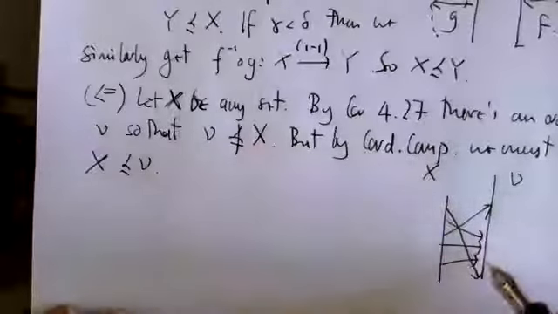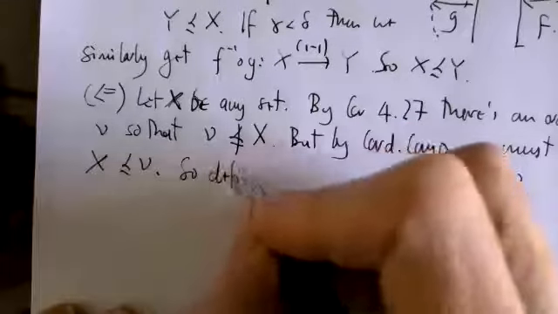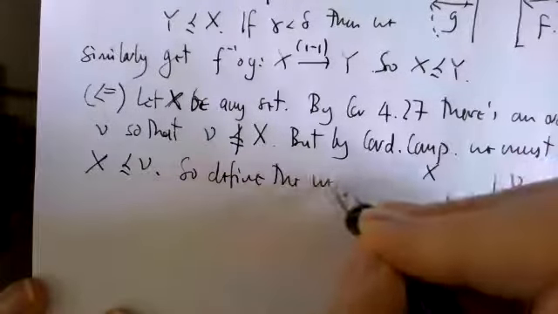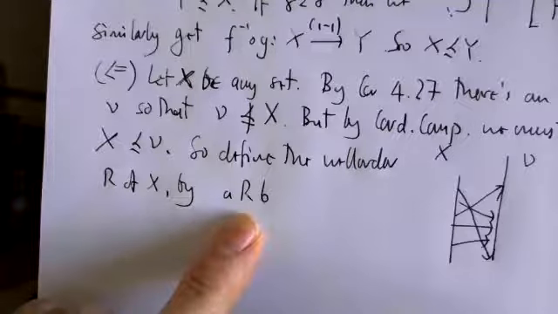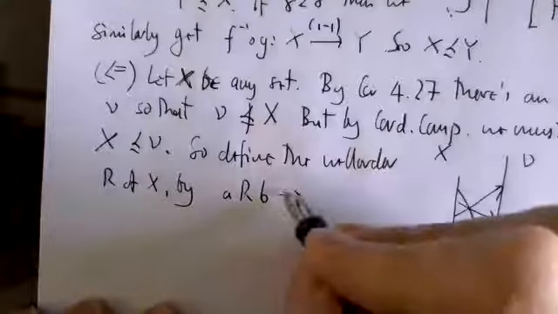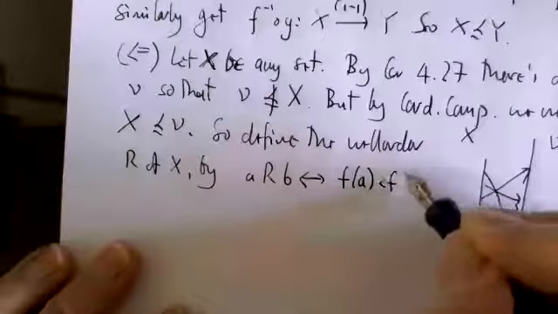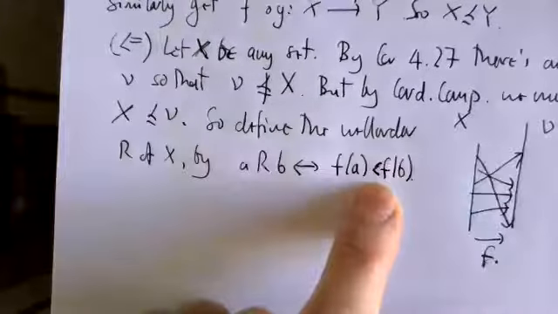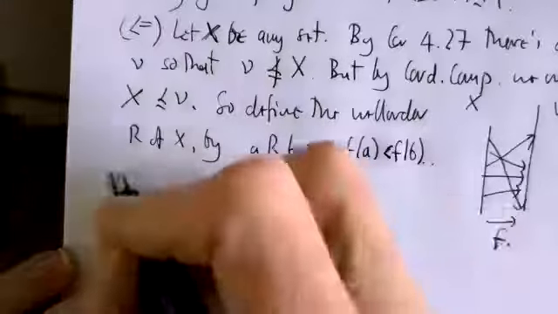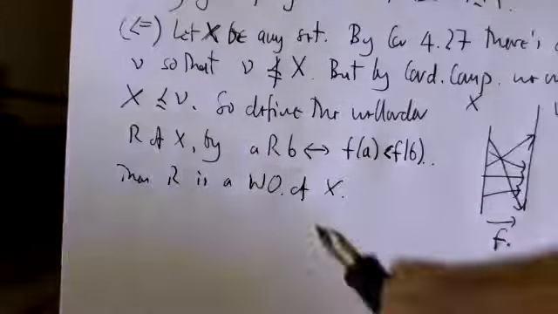But I can use the well ordering on nu to induce a well ordering on X. I'll take two things, A and B in X, and I'll put A comes R before B if and only if, let's call this function F, F of A is less than F of B. It's an order preserving map, as this is a well ordering, and this is a well ordering. So then R is a well order of X.